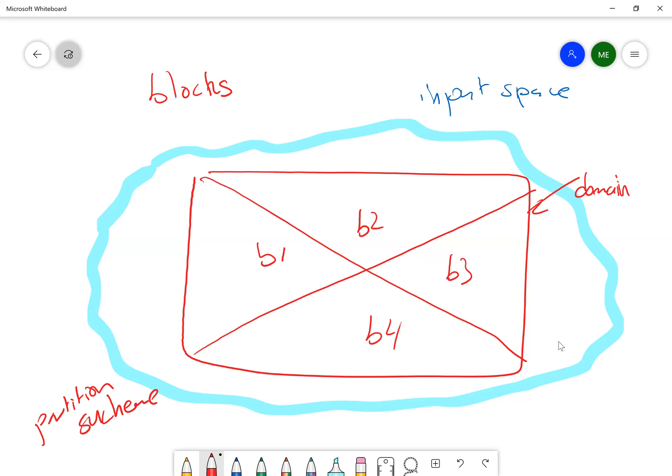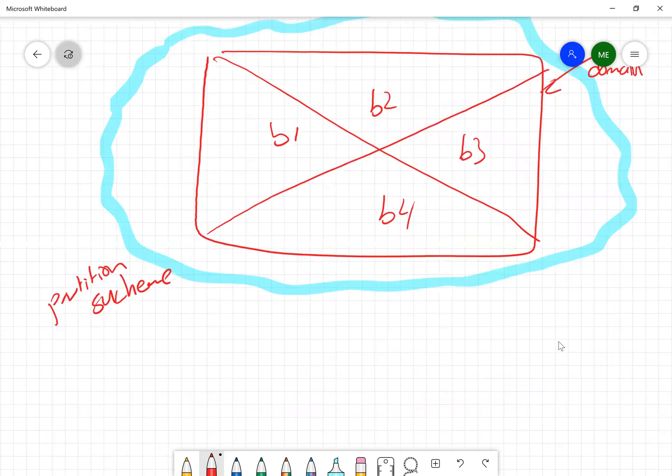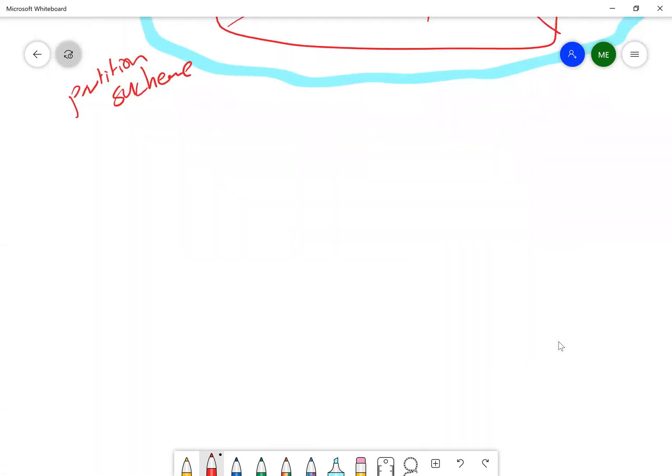The partition scheme needs to be two things. First of all, it needs to be what we call pairwise disjoint. And the other one, if I remember correctly, is called complete.